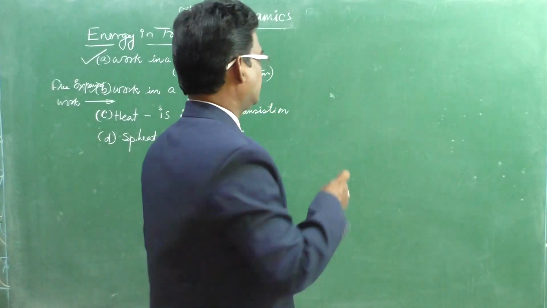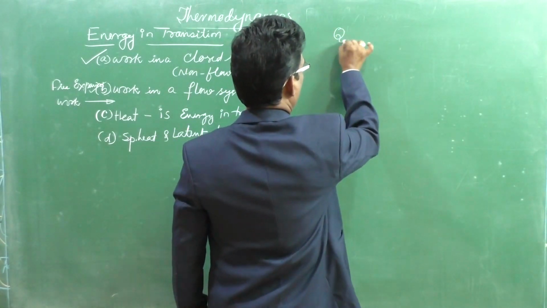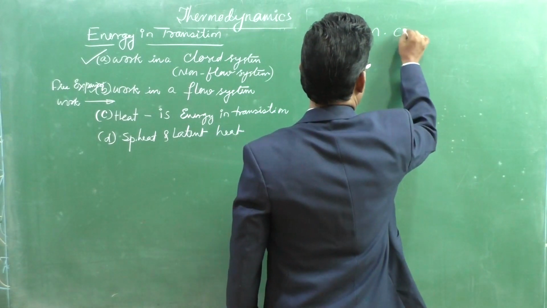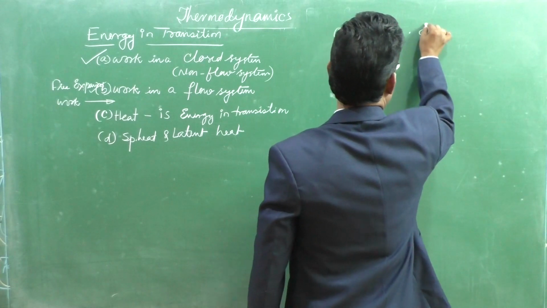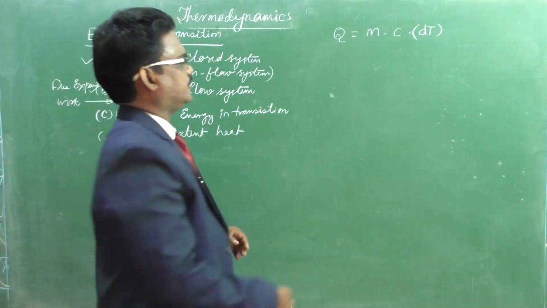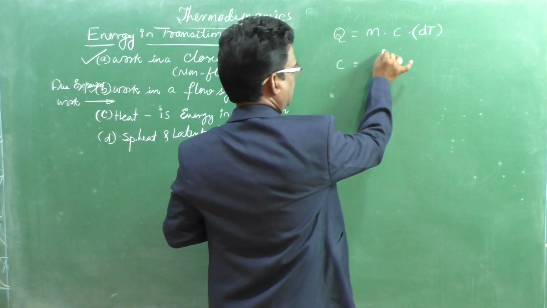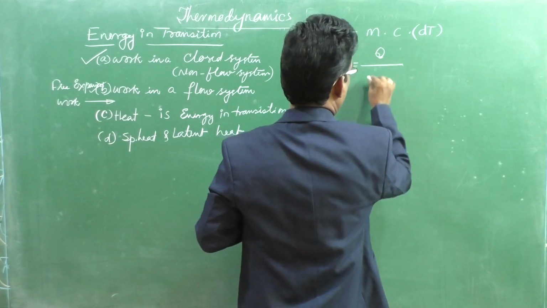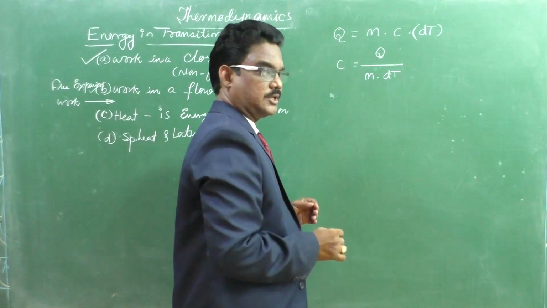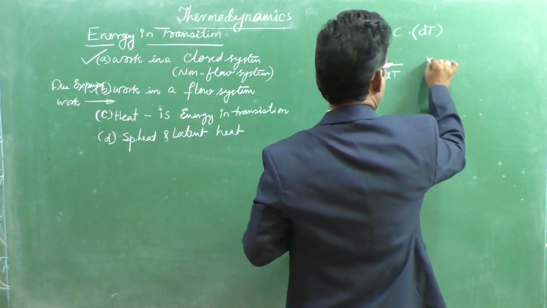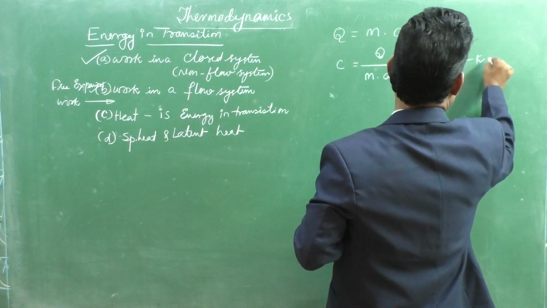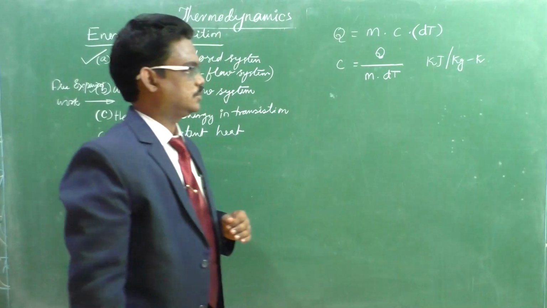We can write Q equal to mass into specific heat into delta T, the temperature difference. The specific heat C is equal to heat divided by mass into delta T. What is the unit for that? It is kilojoule per kg Kelvin.